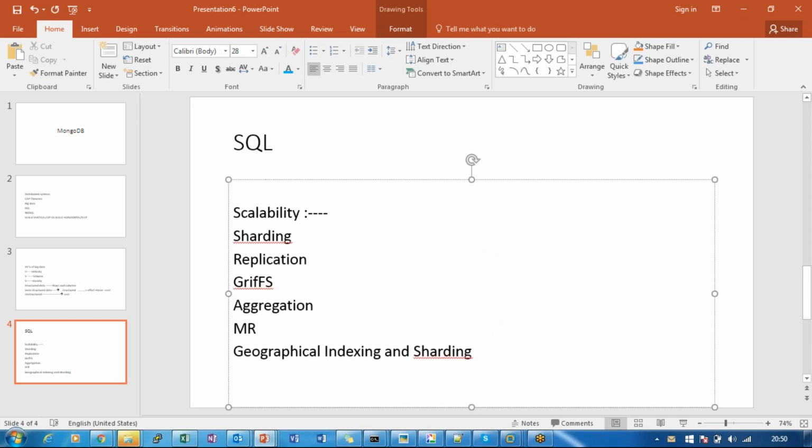Okay. Next thing is sharding. We have one more thing. Sorry, the geographical indexing and sharding. With indexing, a thing came into my mind. Let me remember. Geographical indexing and sharding was there.